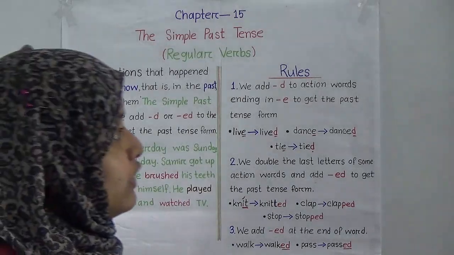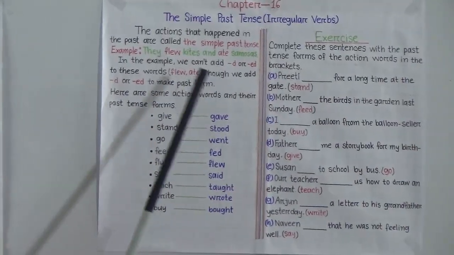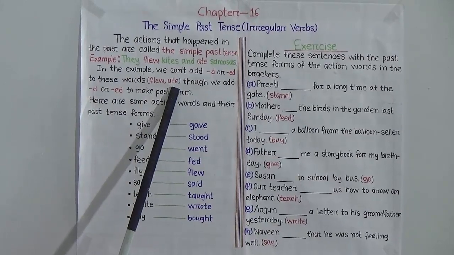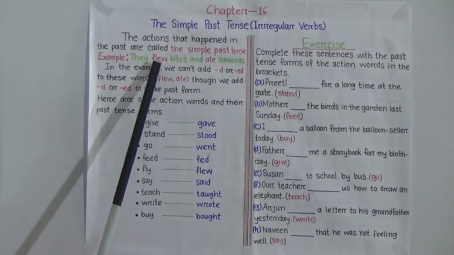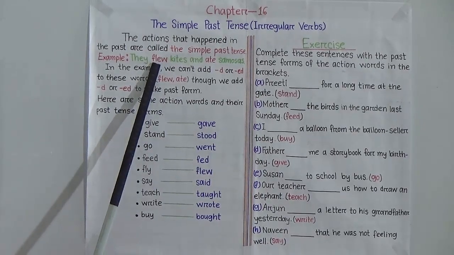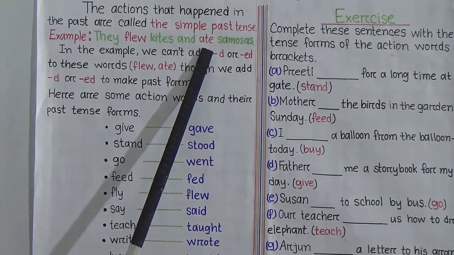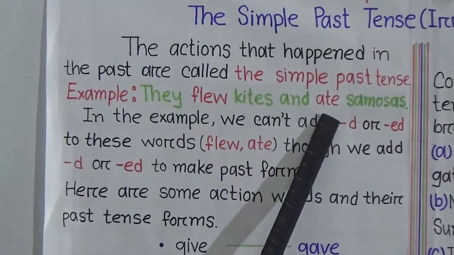To make irregular verbs, we can't add d or ed. So we have to change the letters. Flew is the past form of fly and ate is the past form of eat. So here we changed some letters.